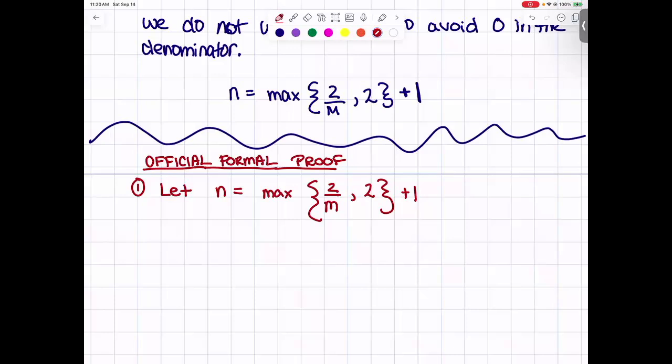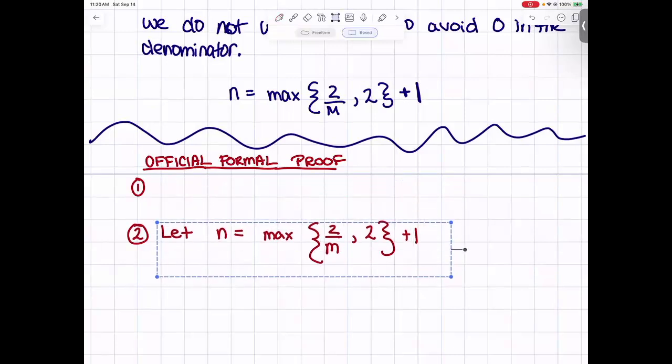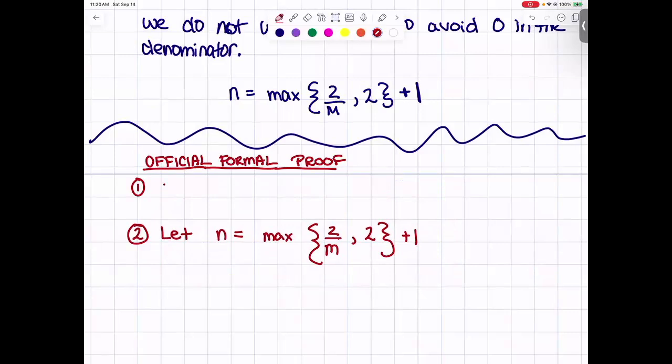So the other thing we're going to want to make sure we say is that m doesn't matter, right? And actually, since this uses m, I'm going to define my m first. Let m greater than 0 be an arbitrary number.